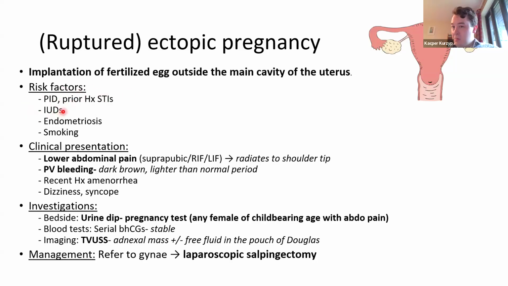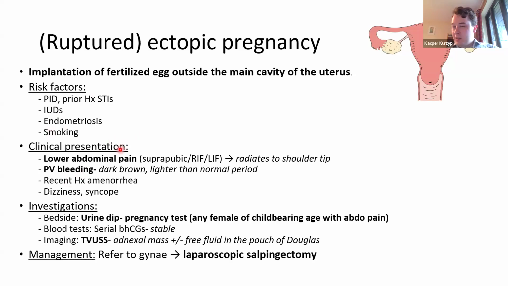Having an IUD in place. So if you get pregnant with an IUD, you have higher risk of it going into ectopic pregnancy. Previous endometriosis, again, you get scarring within the fallopian tube, which is more likely to prevent the fertilized embryo from going into the main cavity, and smoking as well.